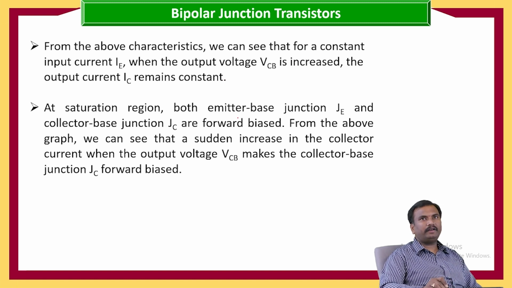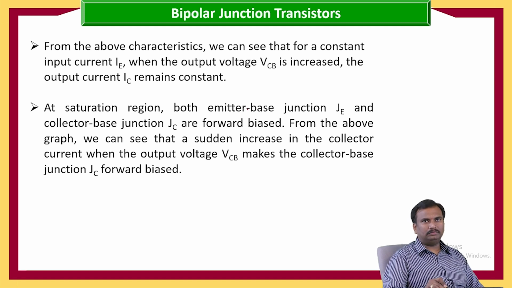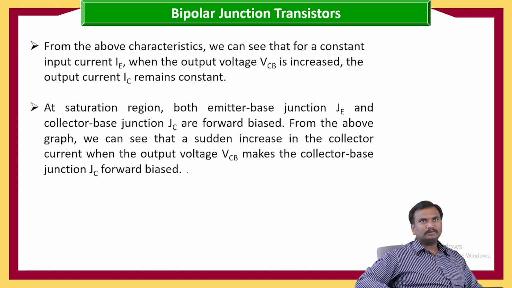And at saturation, both the emitter base junction and the collector base junction are forward biased. From the above graph, we can see a sudden increase in the collector current when the output voltage makes the collector to base junction forward biased.